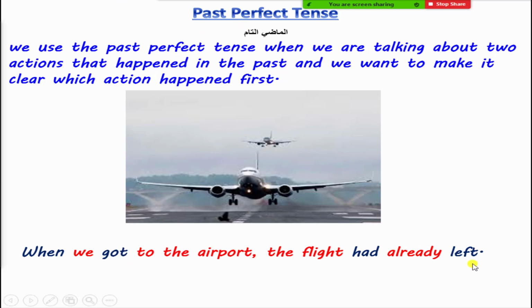Here, if you look at these two actions, got and had left, if you find had left, the past perfect, make sure that this is what happened first. So we use the past perfect to ensure that this action happened first and this action happened after this.